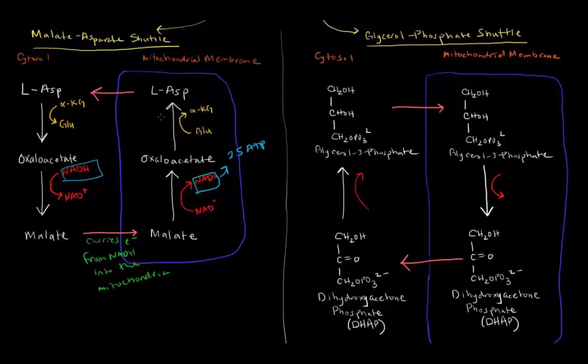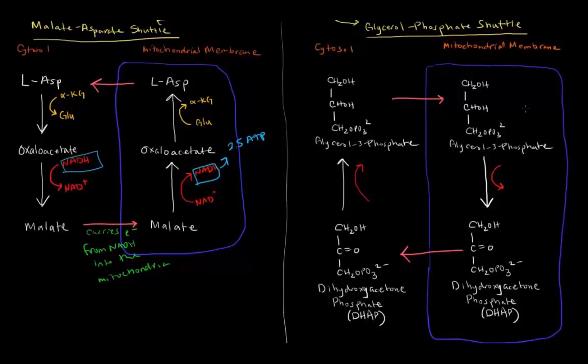Now, how about the glycerol phosphate shuttle? In the glycerol phosphate shuttle, it's a little bit different. We start off with dihydroxyacetone phosphate, which, if you recall, is from glycolysis, and we're going to reduce it to glycerol 3-phosphate, and in doing that, we're oxidizing NADH to NAD+.